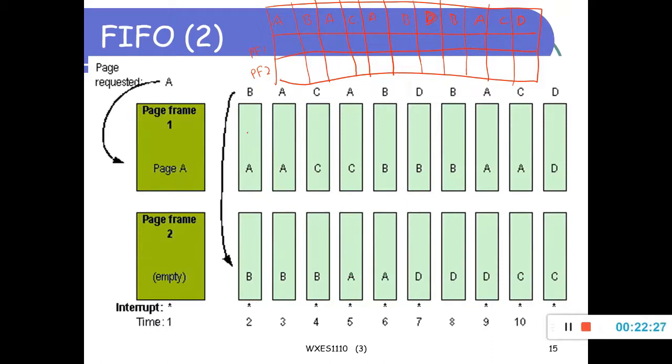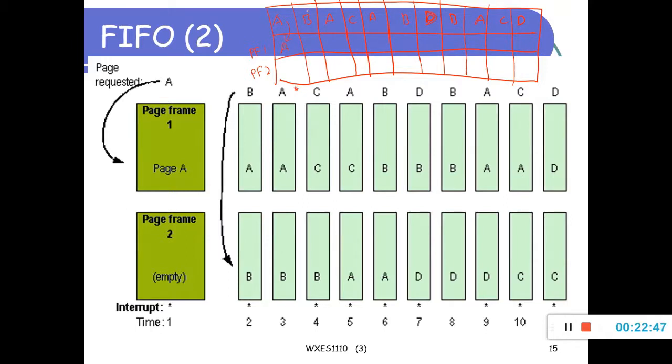The first one, A: page frame 1 and page frame 2 are not occupied, so A will enter page frame 1 first. So it will cause a page swap, or page fault. We call that, in technical terms, a page fault.